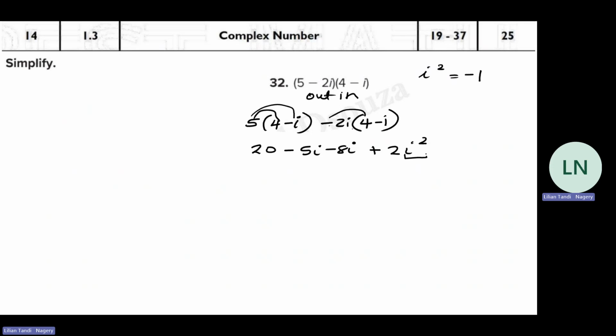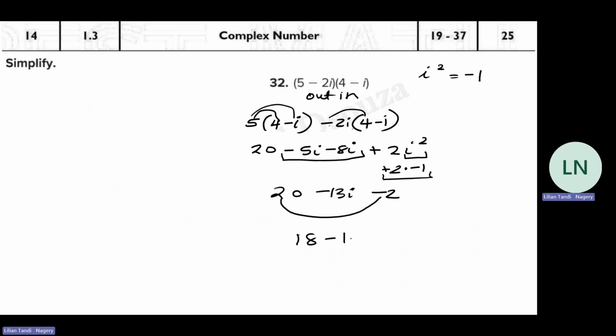Now, this will change to negative 1. And this will now change to negative 2. This will change to negative 13i, and 20 will come down. Now, 20 minus 2 is 18, and this is 13i. Okay?